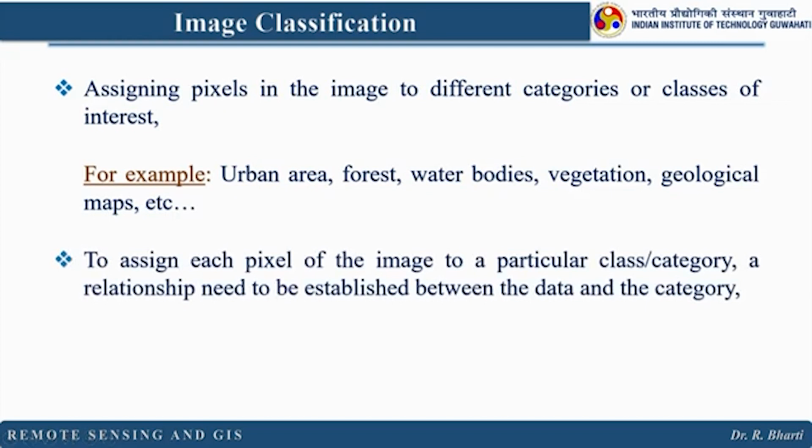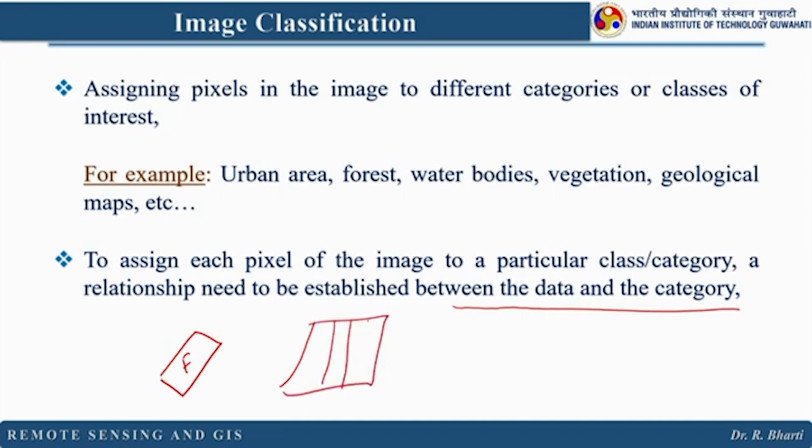And to assign each pixel of the image to a particular class or category, a relationship needs to be established between the data and the category. So how will we do that? Based on the relationship we develop between the classes, like if you say forest, and this is your image.